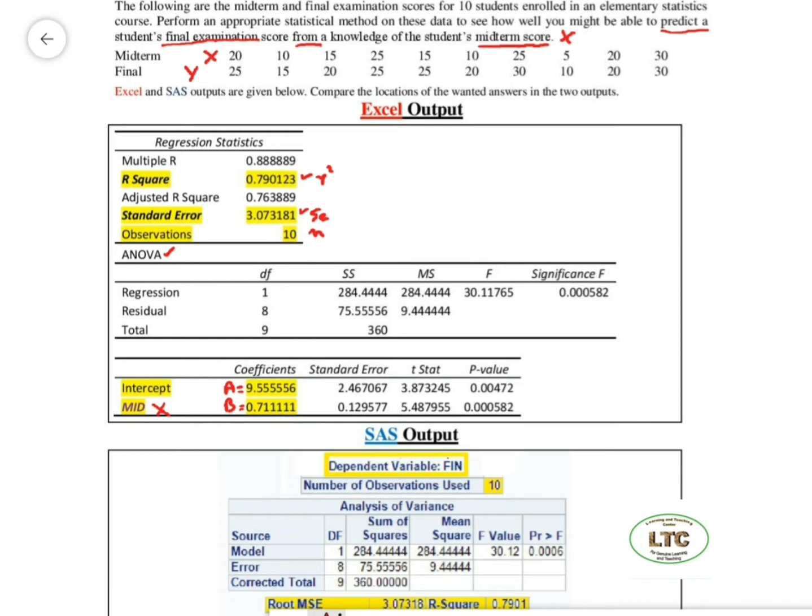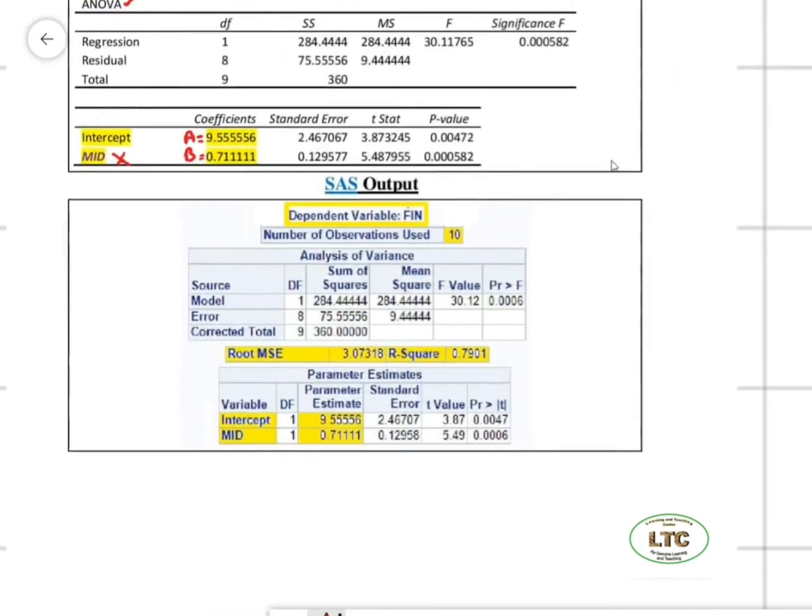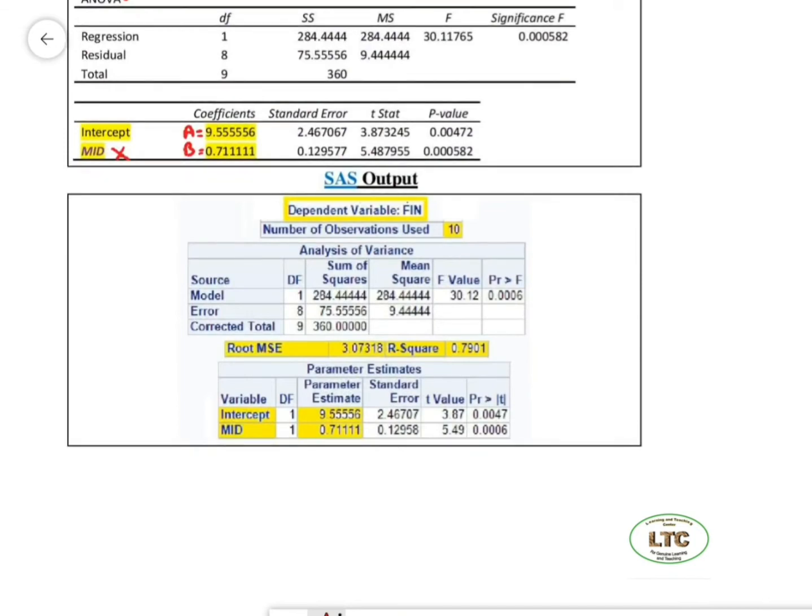In SAS output, what can you find? Dependent variable final, here N, this is Y, and the ANOVA table you study later. Square root of MSE: MS error is this one, this is MSE.